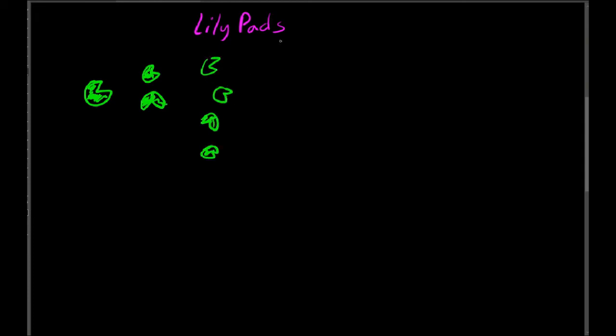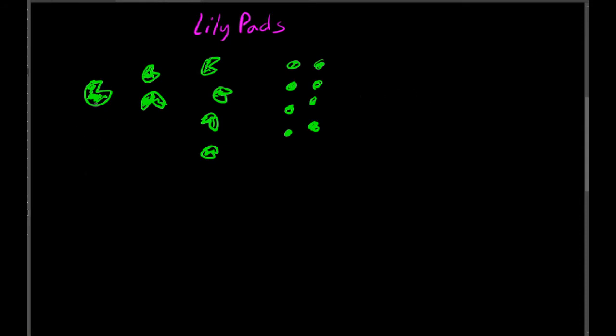Now let's apply this to the example of lily pads in a pond. This was illustrated in one of the other videos posted with this assignment. So remember, we start out with 1 lily pad, and the next day we have 2, and then 4, and then 8, and every day they're doubling.